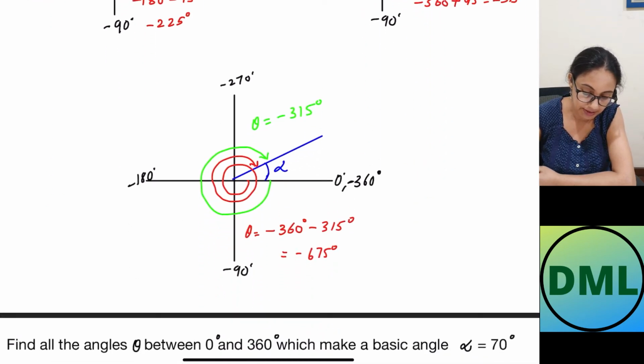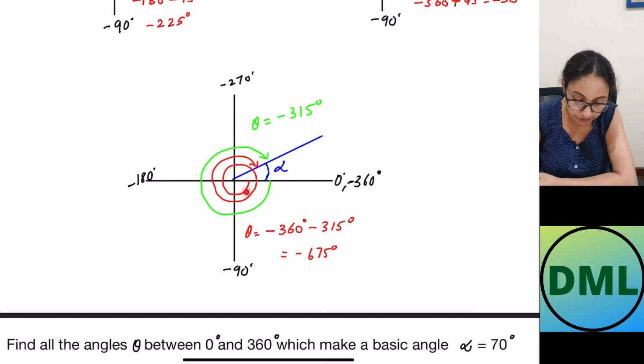Now as you can see here, I am going in the clockwise direction. I am making 2 rounds here and I am again reaching here for the angle alpha. That means I am going in the clockwise direction, so my angle is negative. I started from 0 and covered negative 360 degrees and then I moved to my angle alpha. From here, as you can see, the green angle theta is minus 315 degrees.